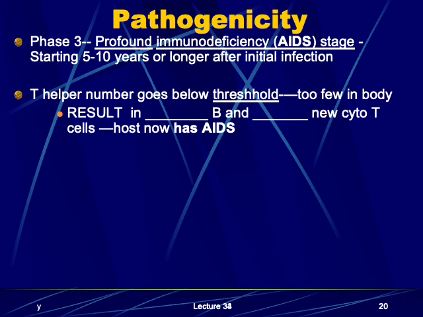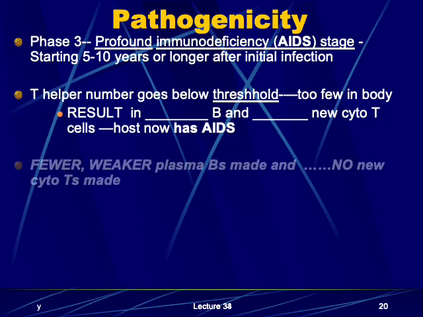So what's the result? Okay, we know T helpers are the trainers, right? So how would you fill this in? Think about it for a second. You can pause. Okay, I will keep going. Well, this is going to be a T-independent response now, folks. There will still be plasma Bs being made, but they're fewer and they're weaker because there's not enough T helpers.